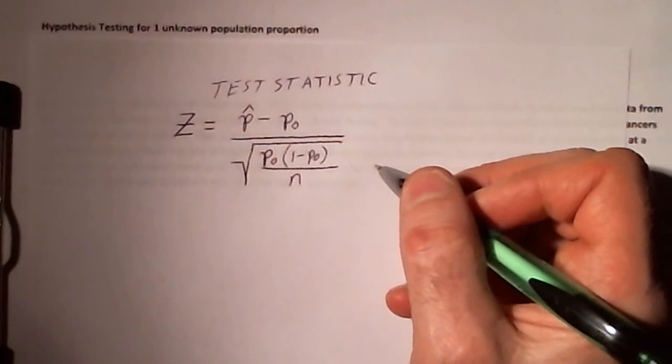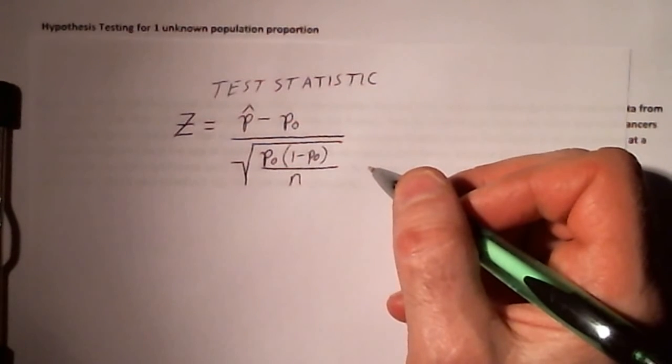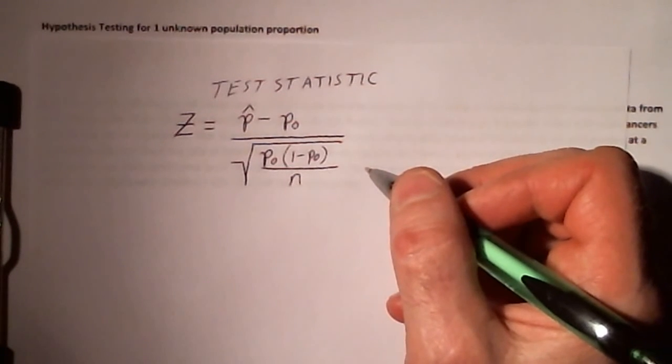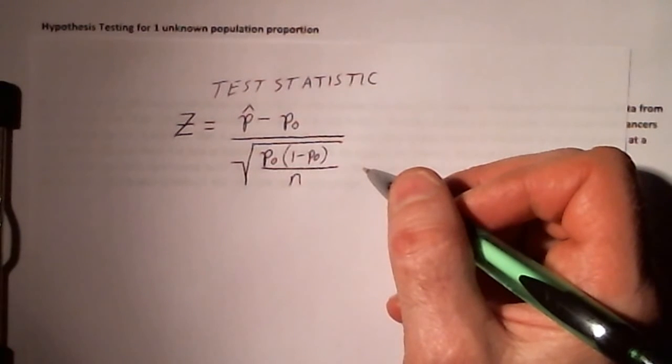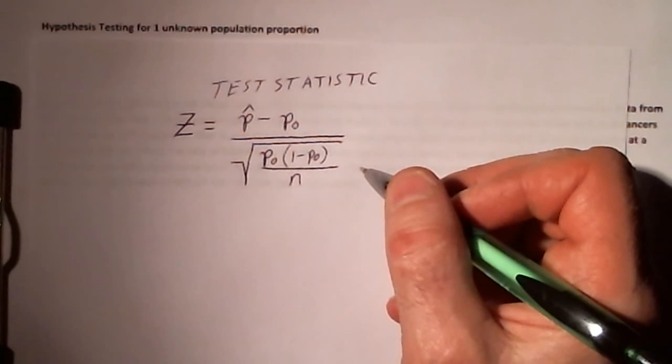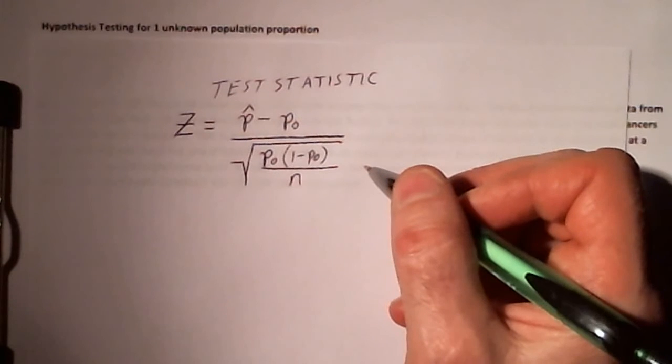So this is the test statistic that we're always going to be using when conducting a one sample hypothesis test involving a population proportion.